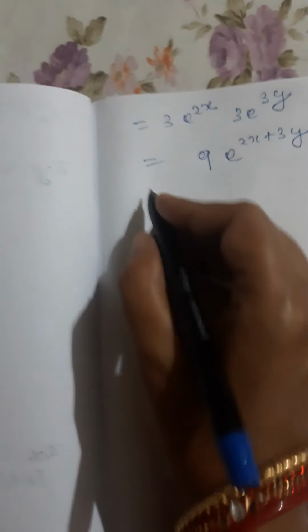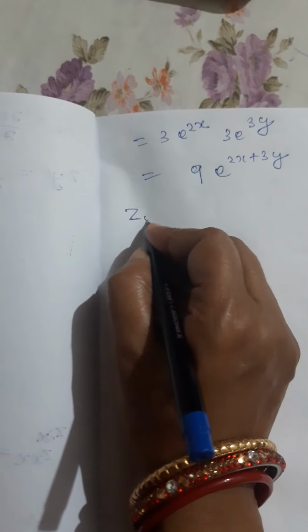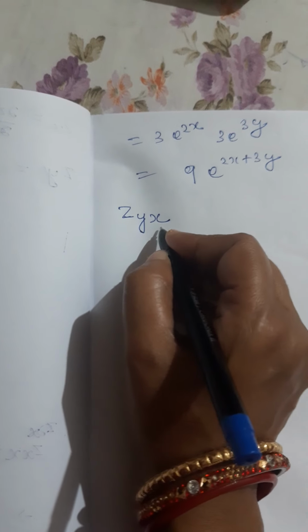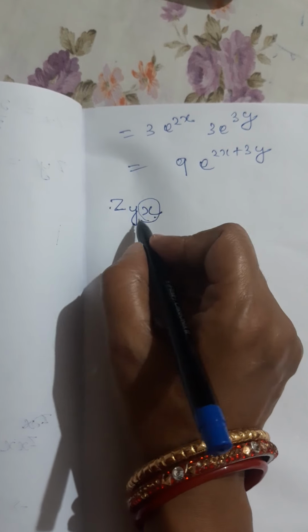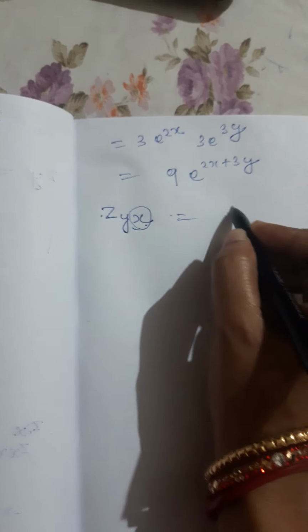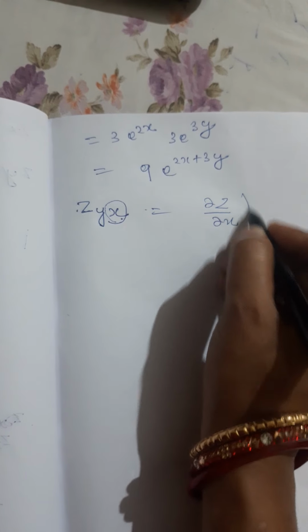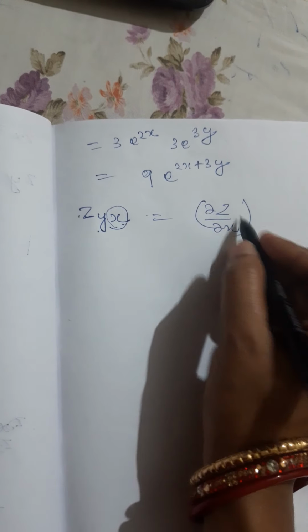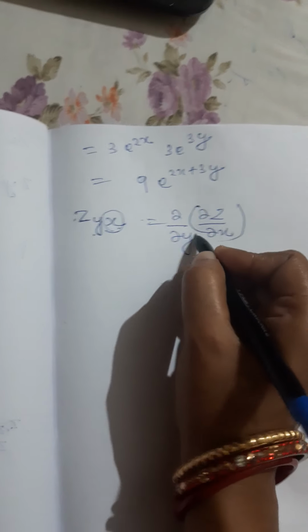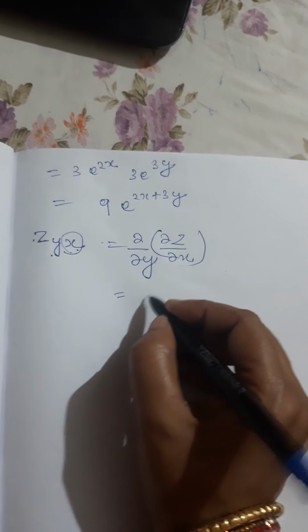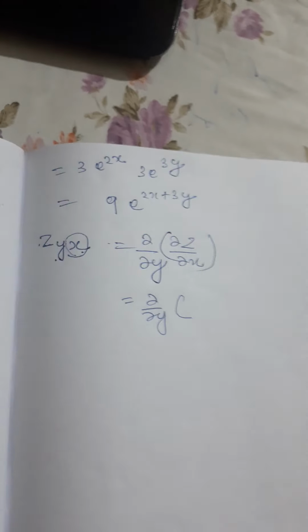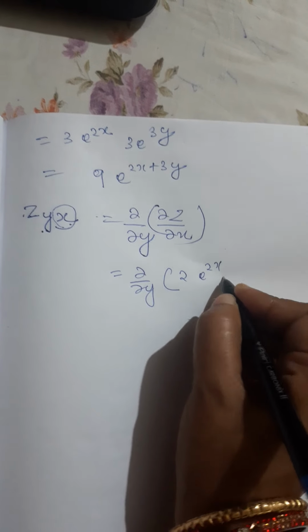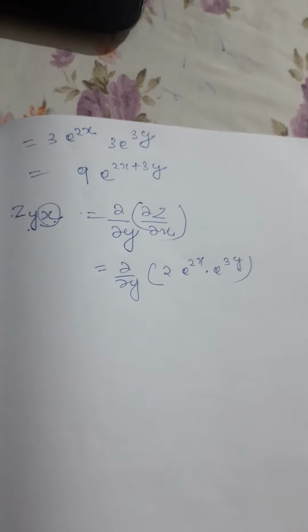Okay, then what will be the zyx? That means we have to first differentiate z with respect to x, then again differentiate the resulting one with respect to y. That is, we have to first find del z by del x, then again differentiate this del z by del x with respect to y. So del by del y, what is del z by del x? Del z by del x is your 2 e to the power 2x into e to the power 3y.